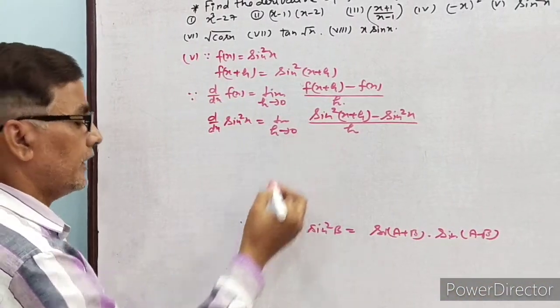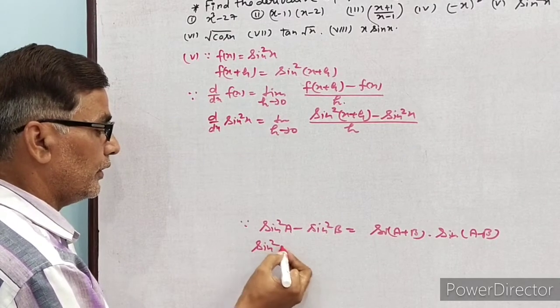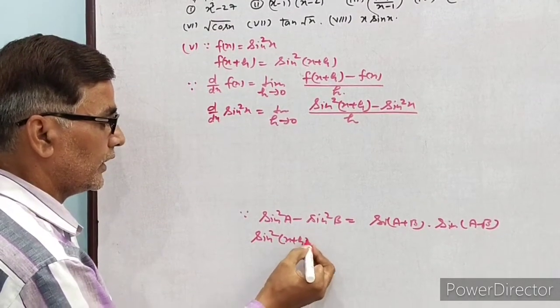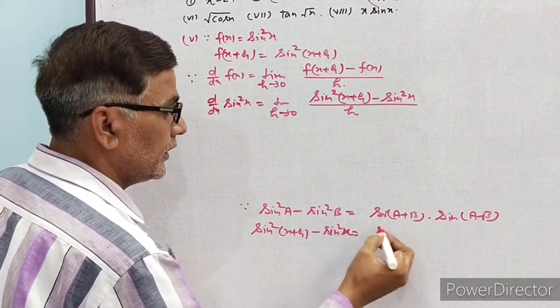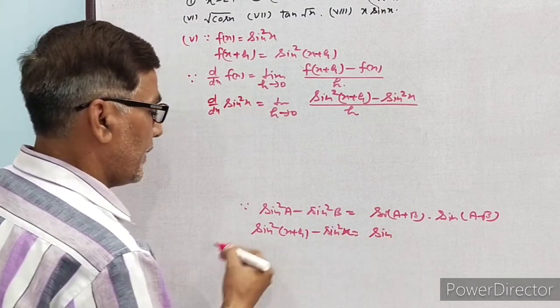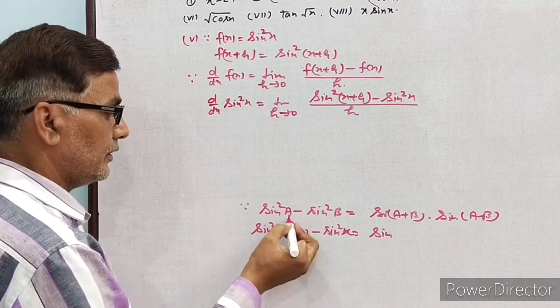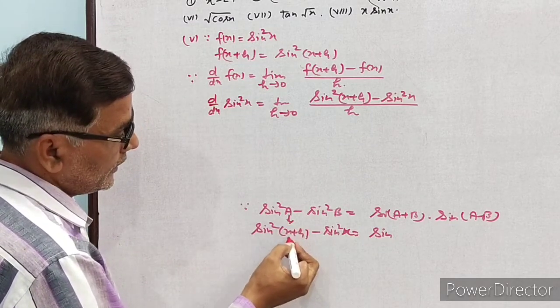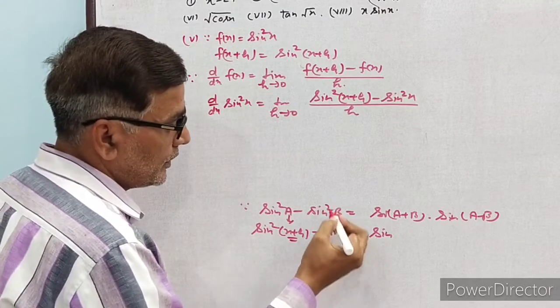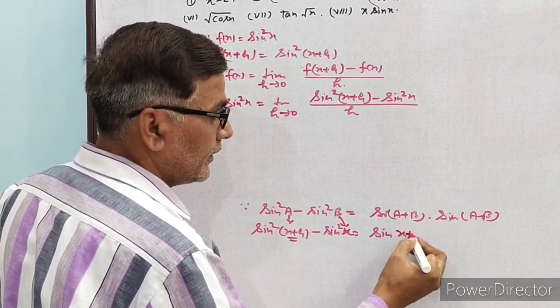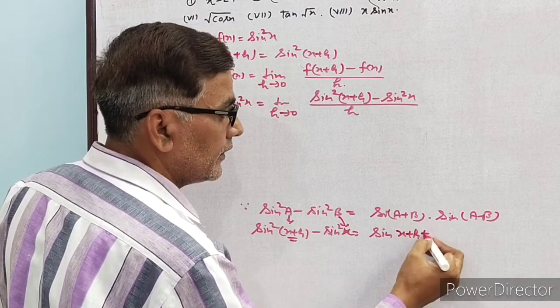Using this result we can calculate the value of sine square (x plus h) minus sine square x. Here we can see that a corresponds to x plus h and b corresponds to x. We can write these values.